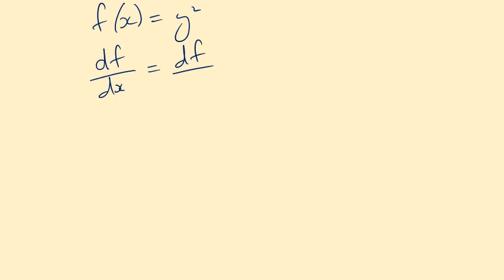So let's go. So f of x is equal to y squared. We know y is a function of x. So watch this, using the chain rule, df dx, not df dy, df dx, surely must be df dy times dy dx.